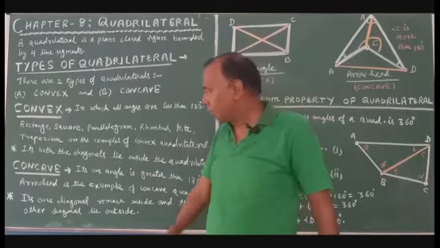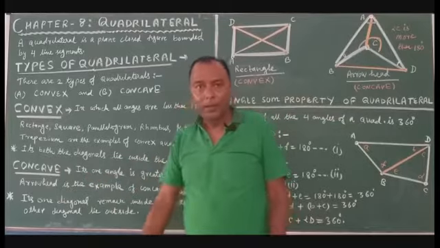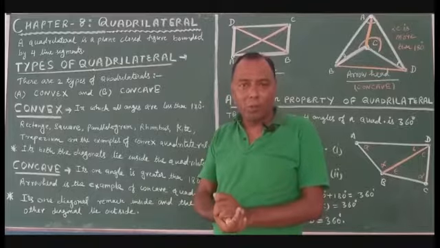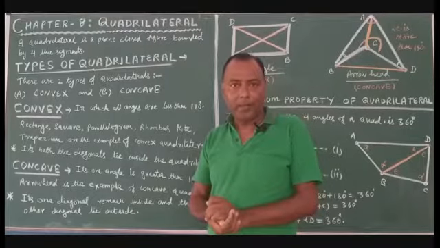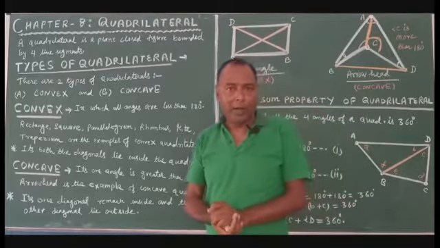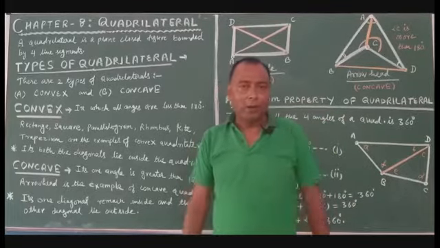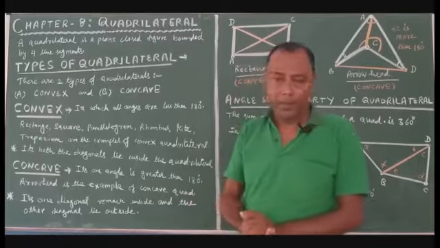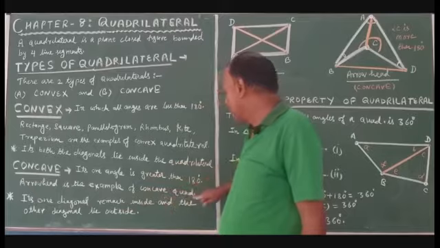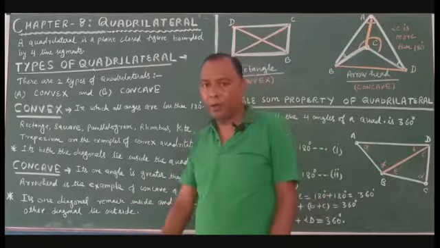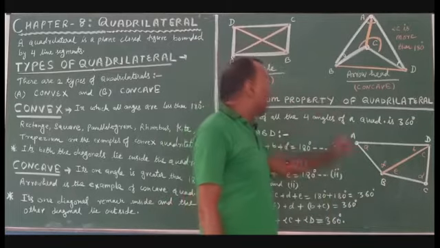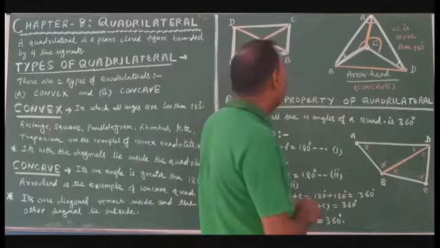And now just look at the concave quadrilateral. A concave quadrilateral is one in which one angle is greater than 180 degrees. The arrowhead is the best example of a concave quadrilateral. Now see the diagonals of this arrowhead.